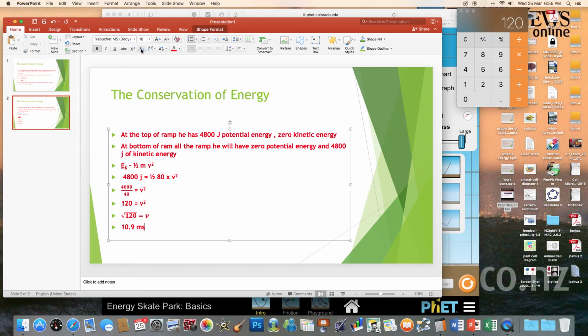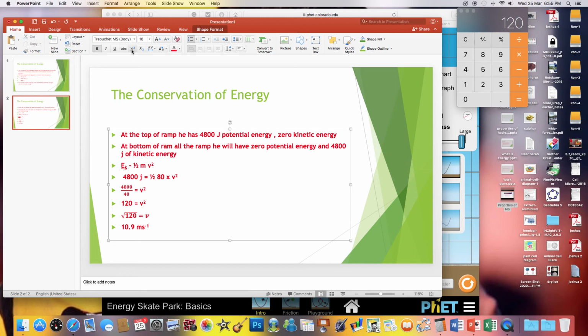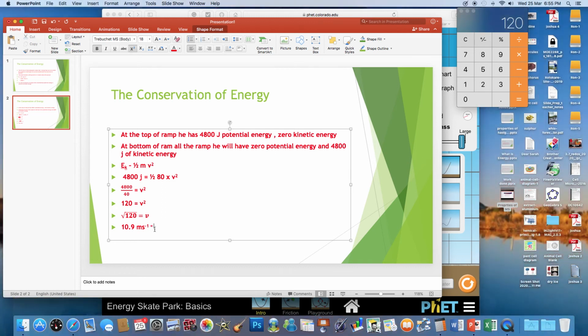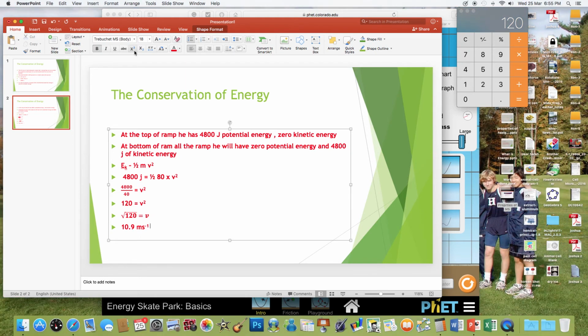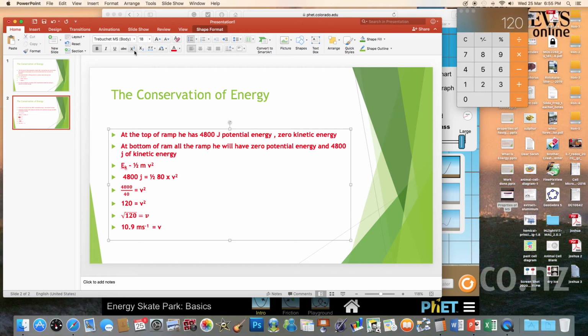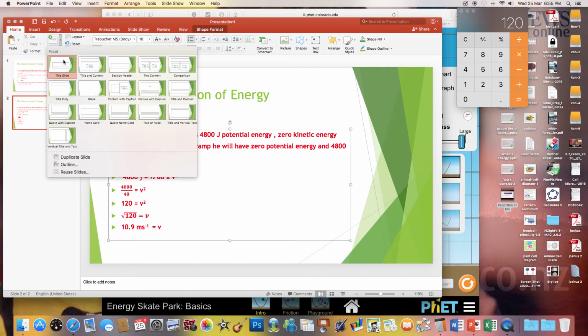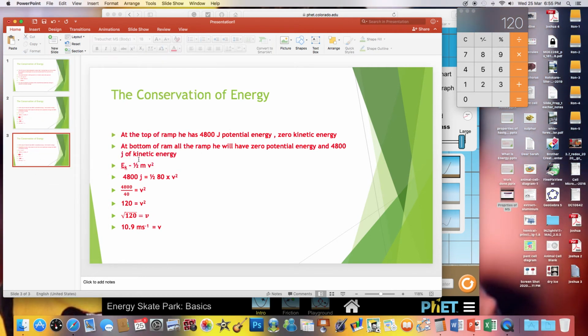You can use your calculator to find out the exact answer, but that would be equal to V. So that's how we can use gravitational potential energy to find out kinetic energy.